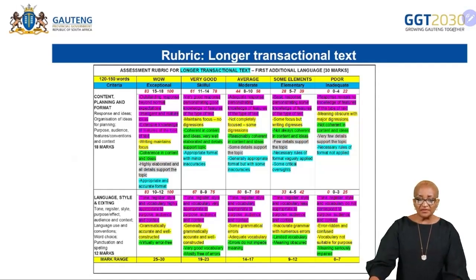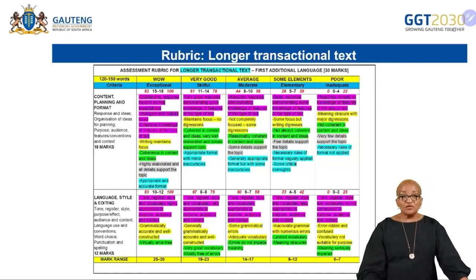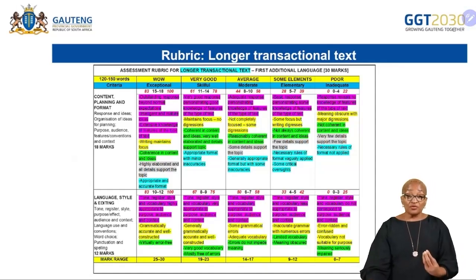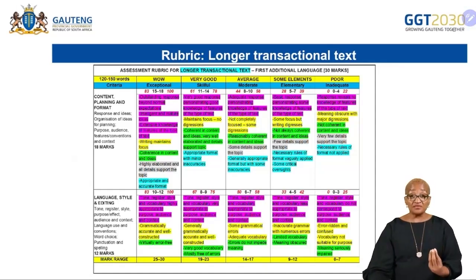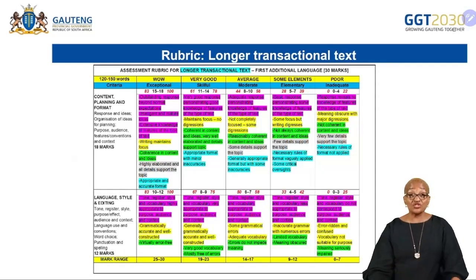Or you were given a 10 for content and a 6 for language. Kindly look at that rubric. With the help of your teacher, it would assist you in responding well to the brief and in addressing all the descriptors that are there in each and every category.